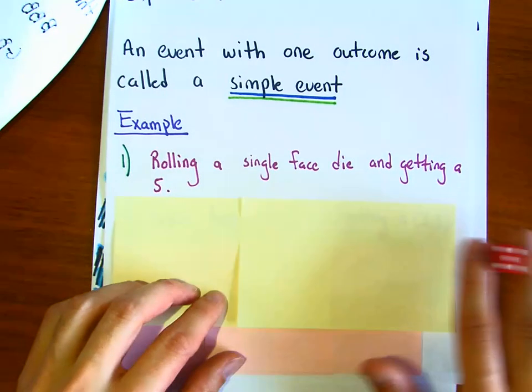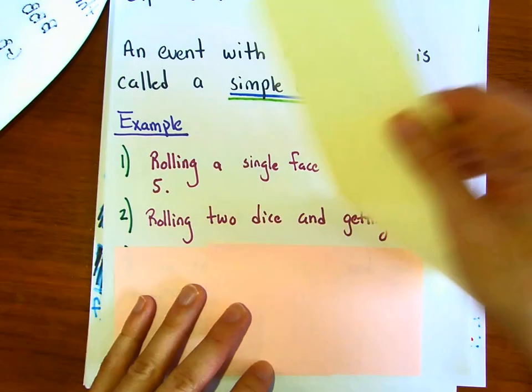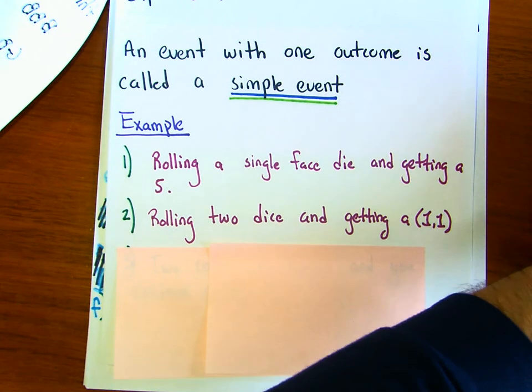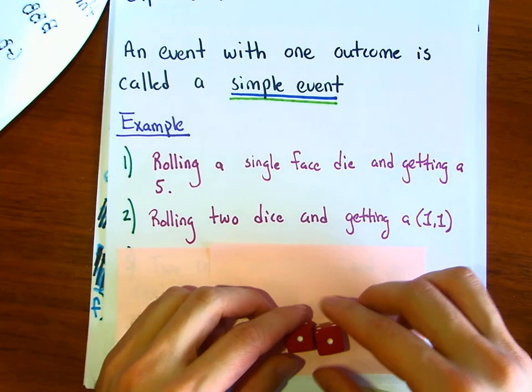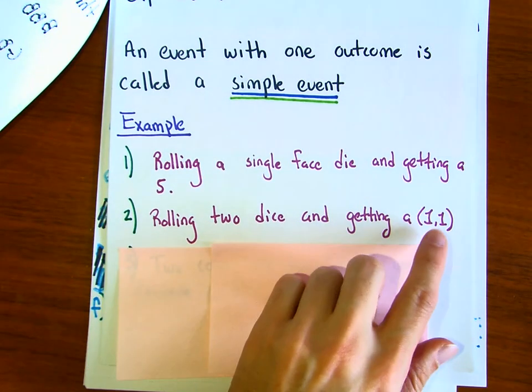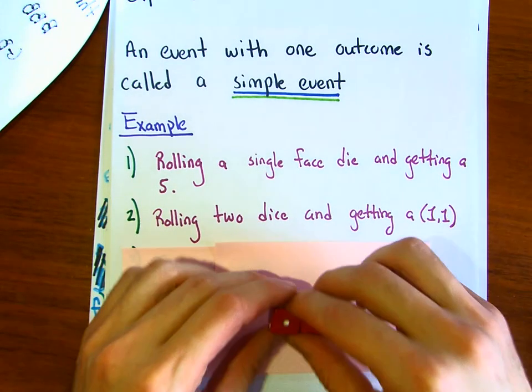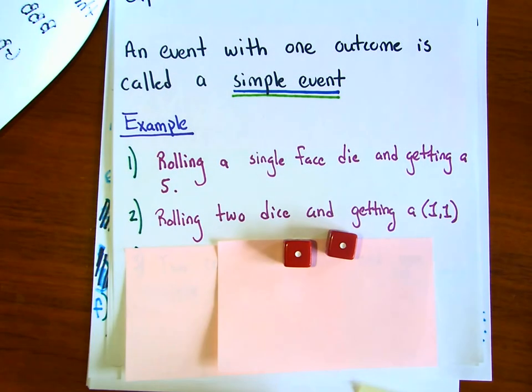Okay? Let's look at another example. Rolling 2 dice and getting a 1-1. So notice that if I roll 2 dice, the only outcome that could occur that will satisfy this condition is if I roll both dice and I get a 1 and a 1.